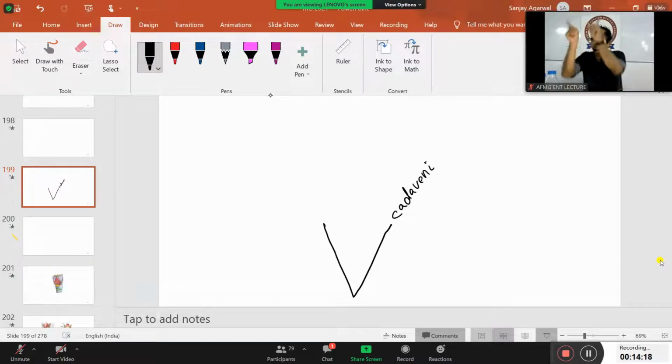Both will have to come to the center and meet. So the vocal cord will have to come to the midline, in the center, for speech. This is called the median position. So the median position is important for voice production.